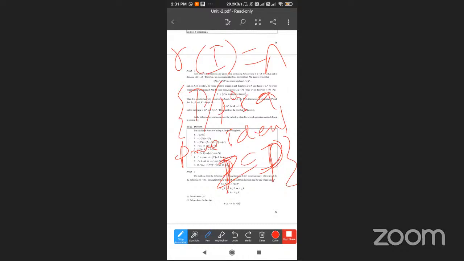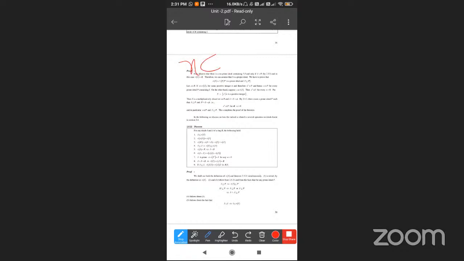Now let x belong to R. If x belongs to the radical of I, what is the definition of the radical of I?